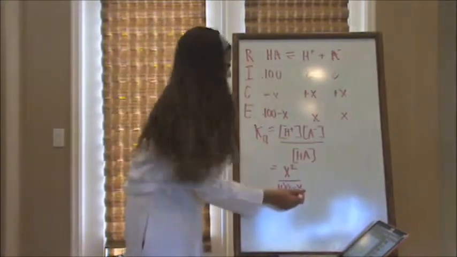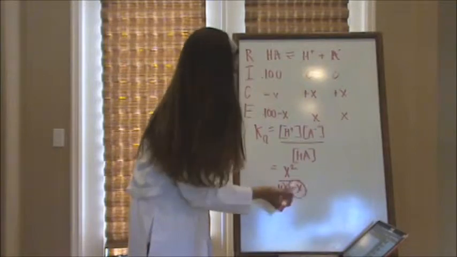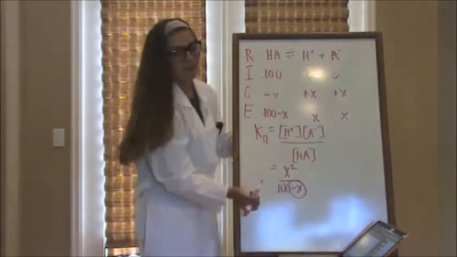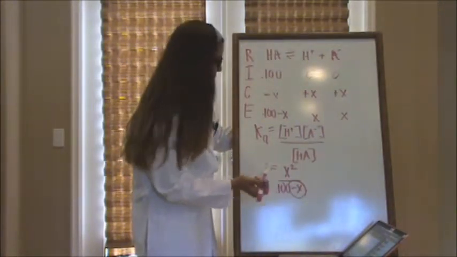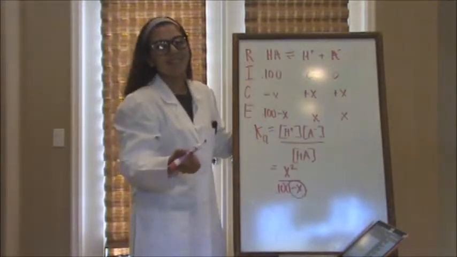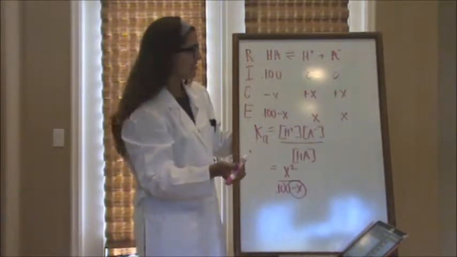Keep in mind that during these problems we can ignore this because the value will be so small it can be negligible. Now Olivia will show us how to do the calculations.